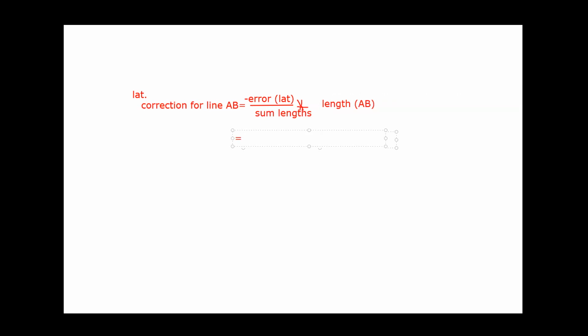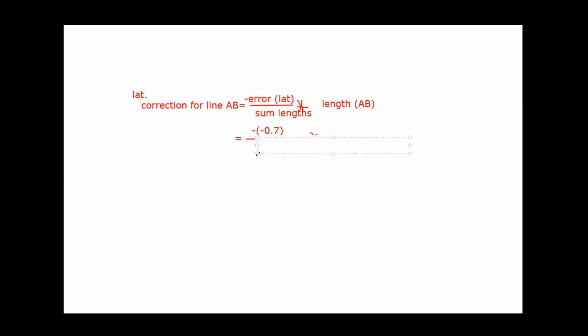Let me draw a line. And then negative of the error. So that's negative. And I'm putting it here to make sure I have the two negatives. Sum of the lengths.